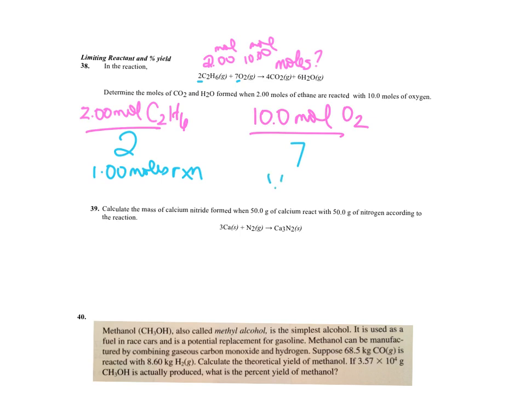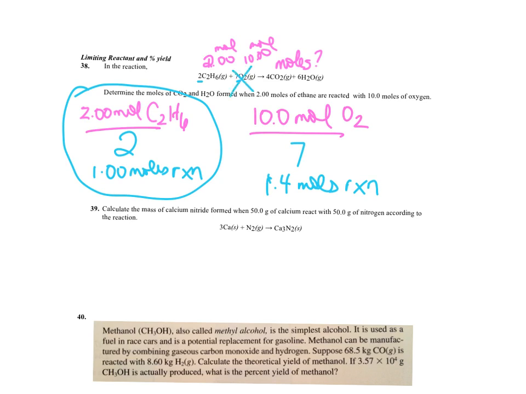So 1.4 moles of reaction is how many moles of reaction can be produced when we start with 10 moles. So which substance limits the amount of product that can be produced? It's this guy. We produce less moles of reaction by starting with that many moles of C2H6. This one we say is in excess.